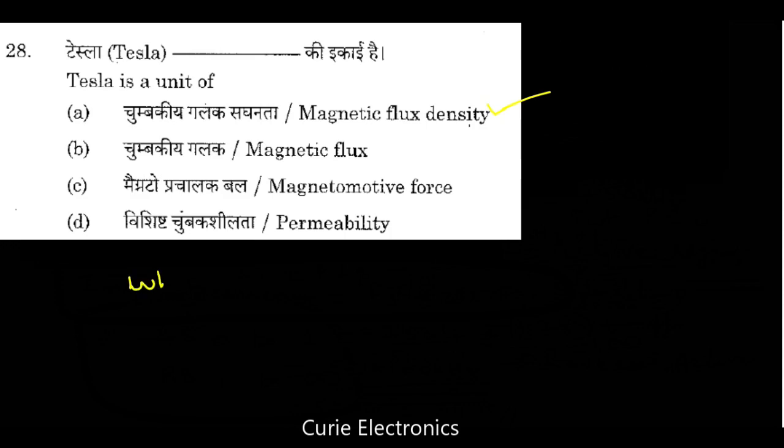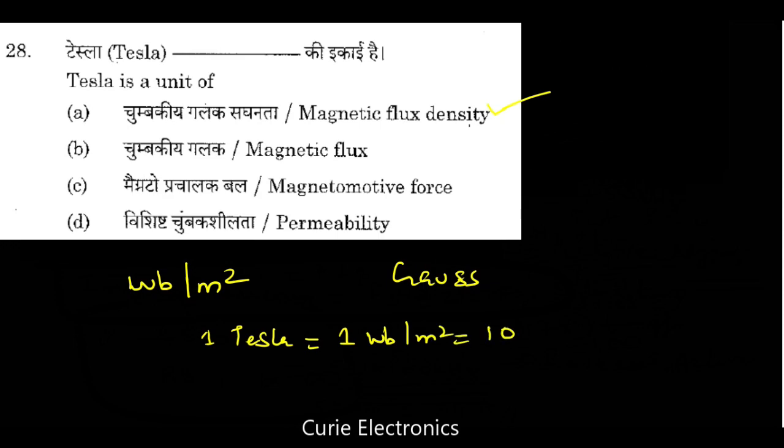There is one more unit, the Gauss. 1 Tesla, or 1 Weber per meter square, equals 10,000 Gauss. This is the unit of magnetic flux density.